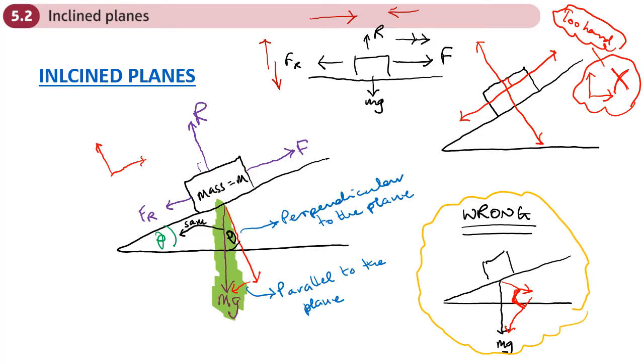You can use simple rules to prove that that angle is the same, which means that this side is always going to be mg cos theta, and this side down here, which is parallel to the plane, is always going to be mg sin theta. You'll see that when we do some examples.